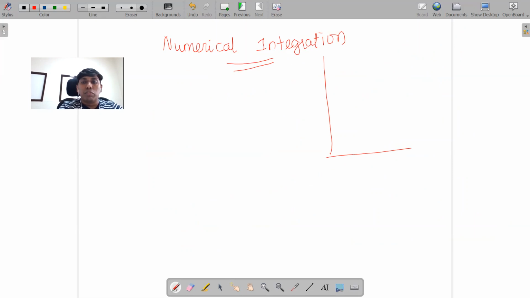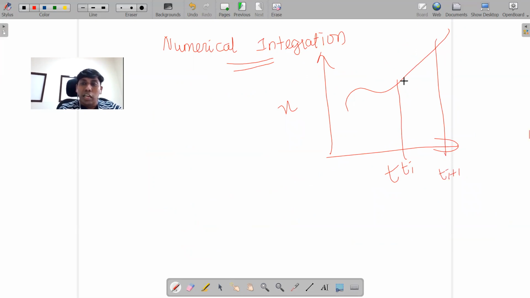One of the methods which we have seen is this: this is time and this is x, so there is a profile like this. You take some instant ti and the instant ti plus 1. This can be linearized. This corresponds to xi and this corresponds to xi plus 1.